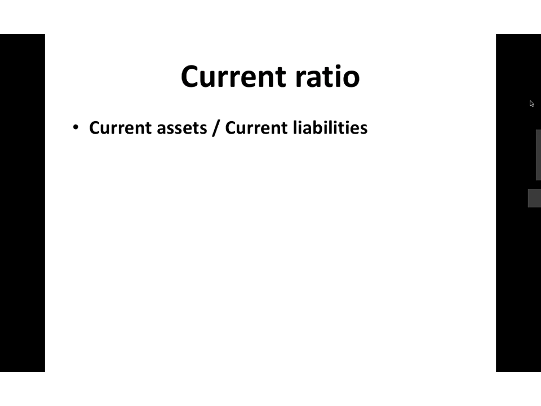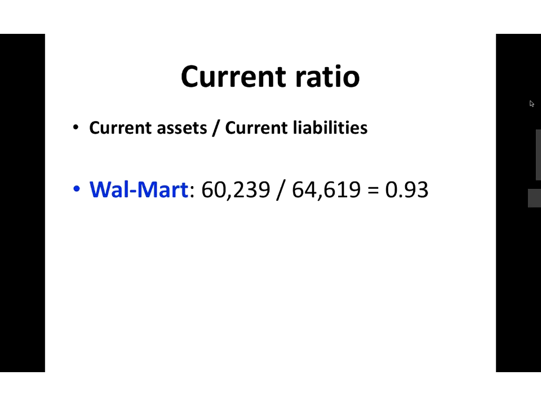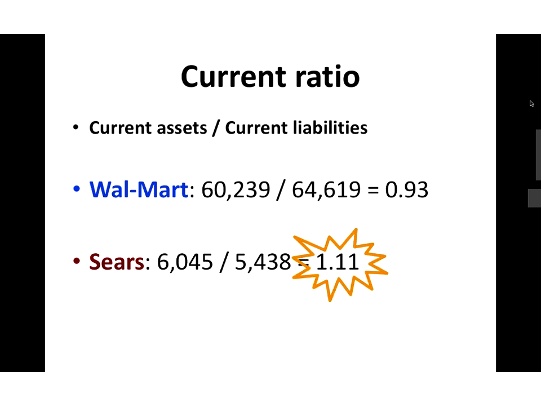So looking at Walmart and Sears, Walmart's current ratio is 0.93. So they don't even get to 1. Generally that's not where you want to see most companies. But then we do Sears, and Sears has 1.11. So just looking at those two numbers, you would say that Sears has the stronger current ratio, because generally you want to see your current ratio at 1 or higher.